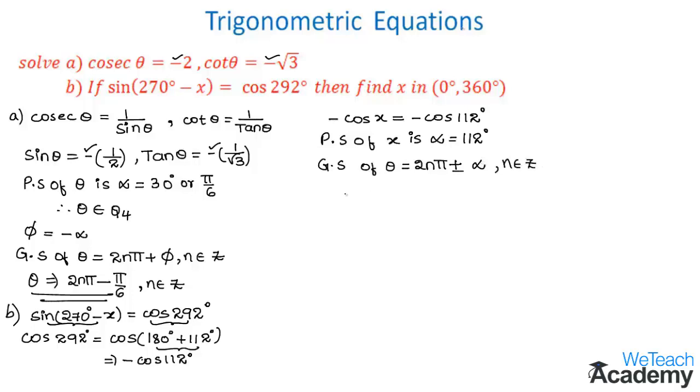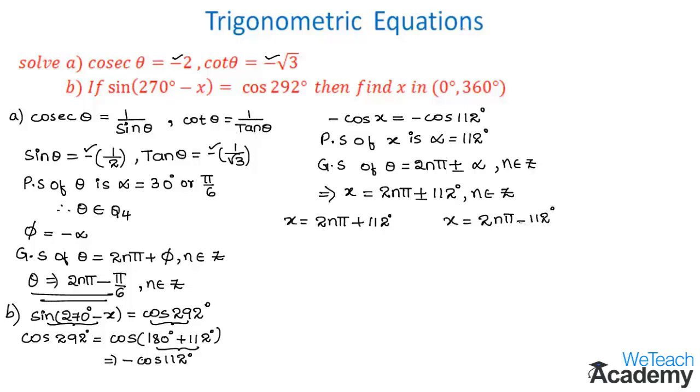So by using this equation, we can find the general solution of our angle x, which would be x equal to 2n pi plus or minus 112 degrees, where n belongs to integers. So here we get two solutions such as x equal to 2n pi plus 112 degrees, and the next solution would be x equal to 2n pi minus 112 degrees.